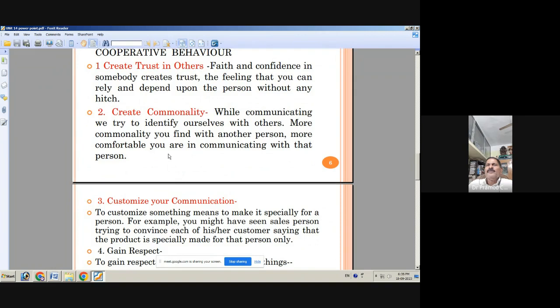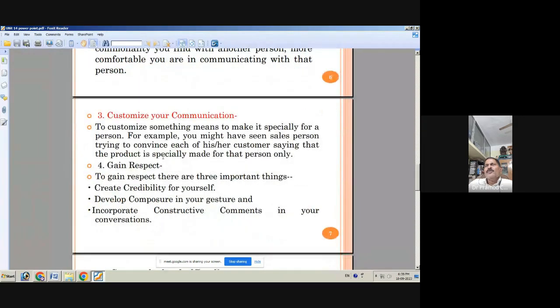If you have common attitudes, common trends, if some commonality is there, then automatically we'll feel very comfortable and we can communicate the thoughts and feelings in a decent manner. Sometimes we'll have to customize our communication.